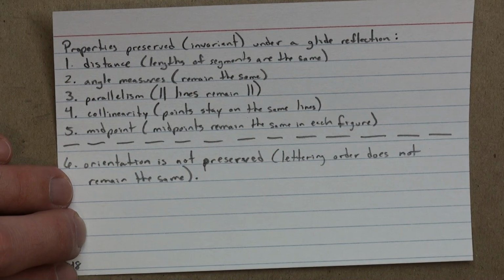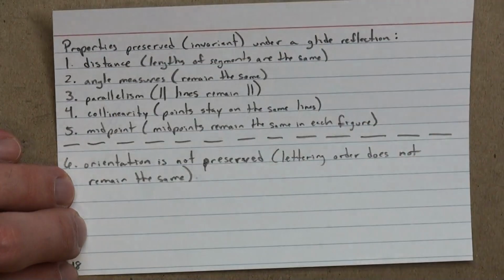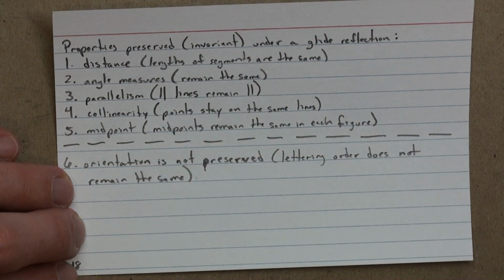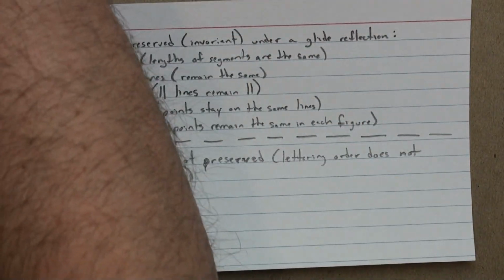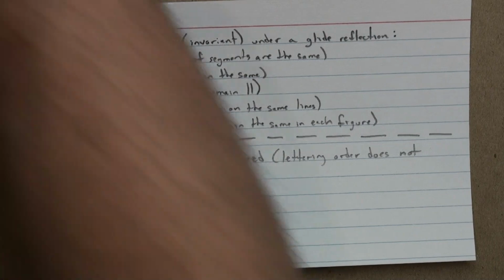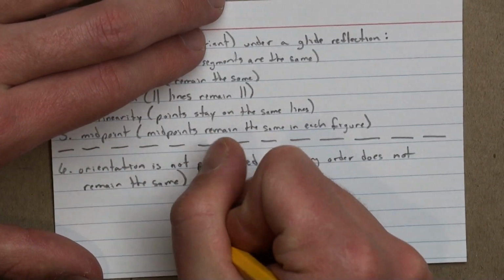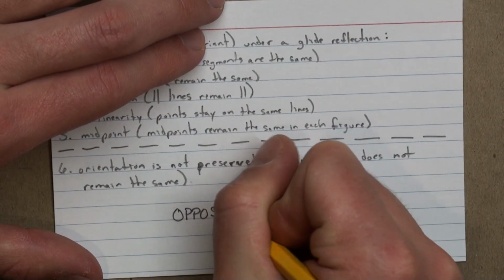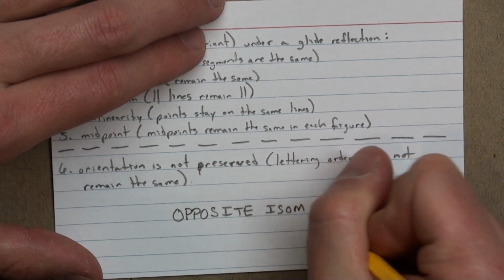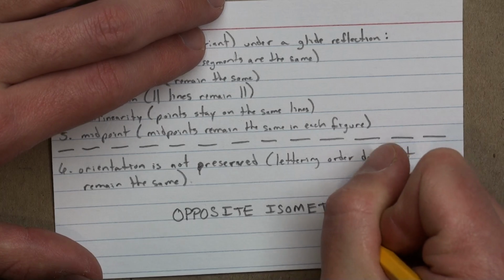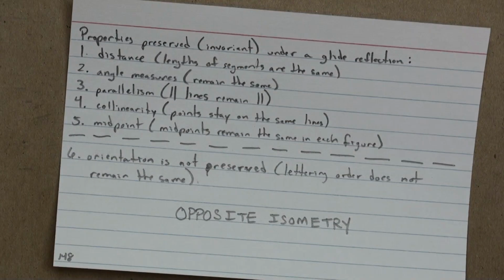We actually don't need to put it there. So, a glide reflection is what we call, let me just see how we labeled these other ones, it is an opposite isometry. Okay?